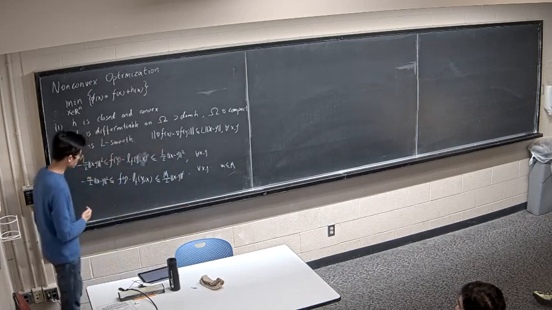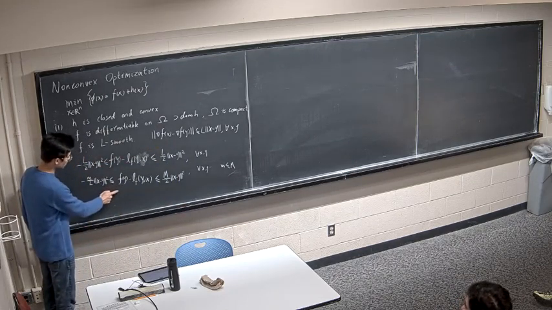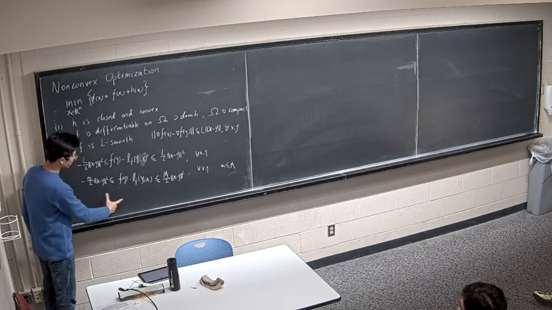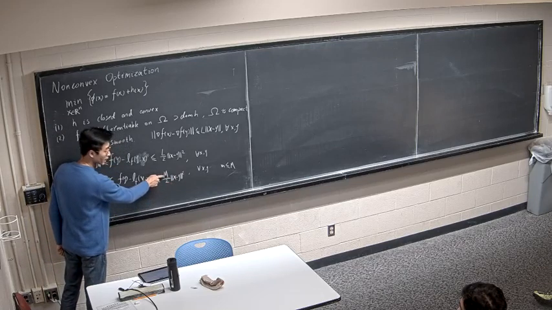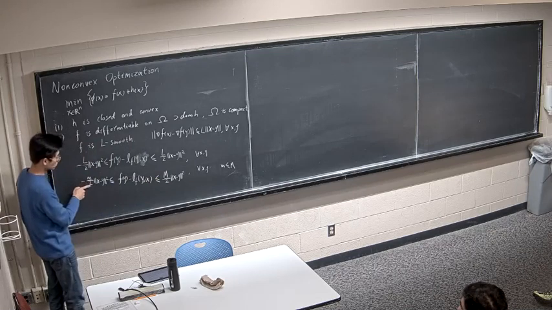We are interested in a function f such that its Bregman divergence is upper bounded by a quadratic function with coefficient M over 2 and lower bounded by little m over 2.